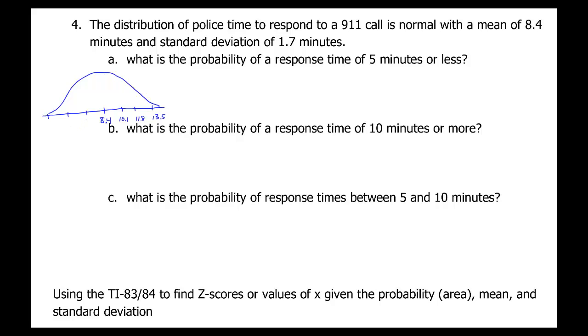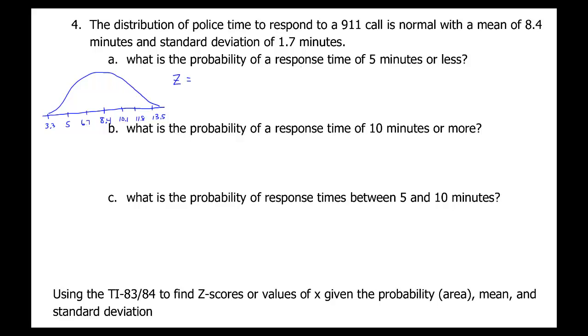And if we subtract 1.7 going the other way, we get 6.7, 5, and 3.3. So there's our distribution. It's a normal distribution, so we can use the z-score to standardize it and then look up the area, which is the probability, in the table, or we can use our calculator to do that. So I'm going to show you the calculation for the z-score.